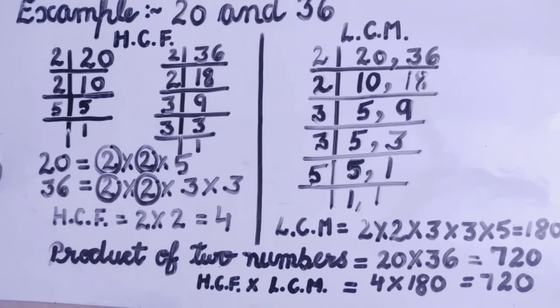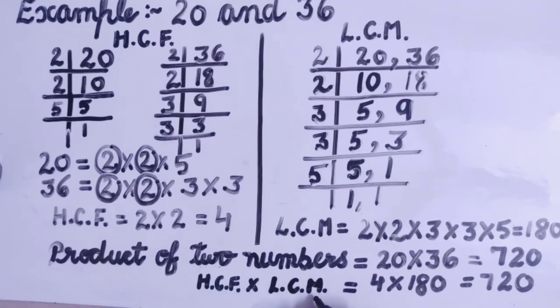Because the product of two numbers is 720, and the product of HCF and LCM is also 720. It is the same, so yes, the product of two numbers is equal to HCF multiply LCM.